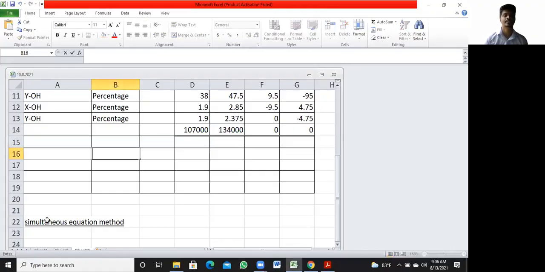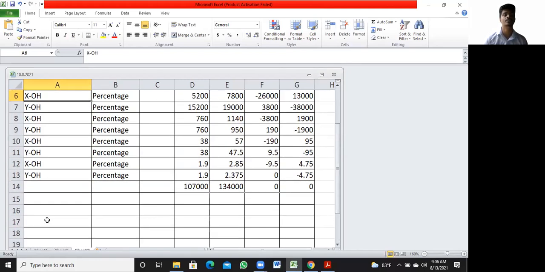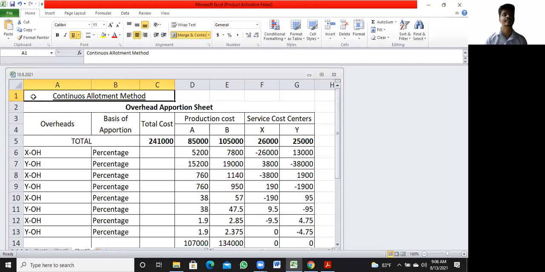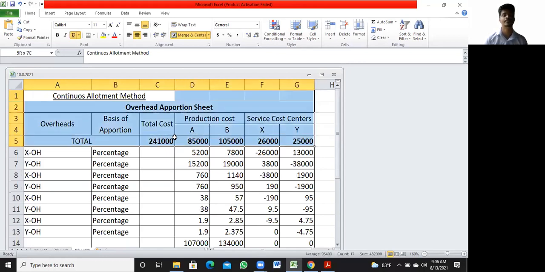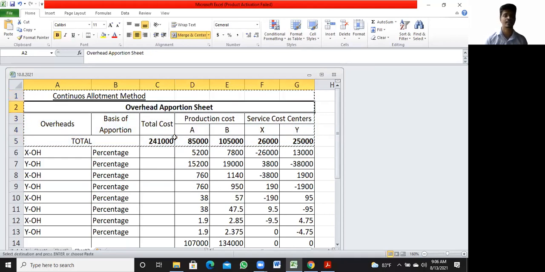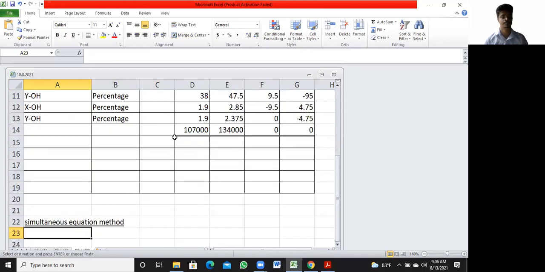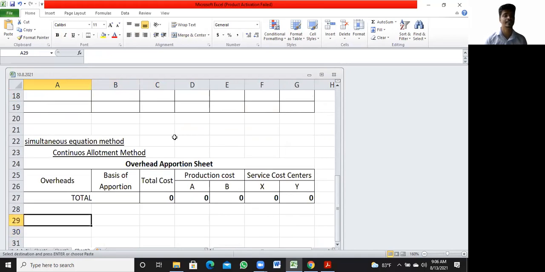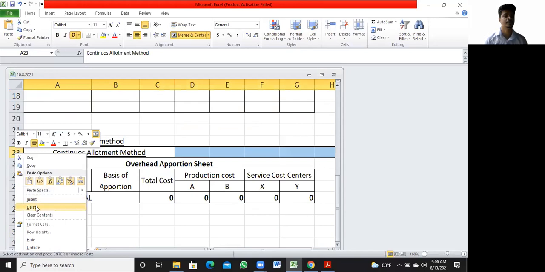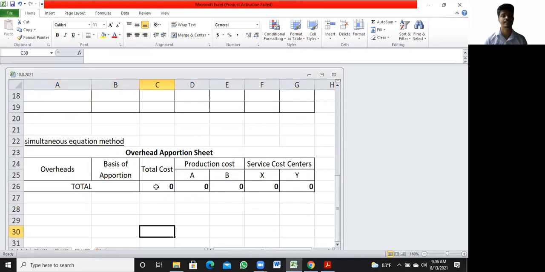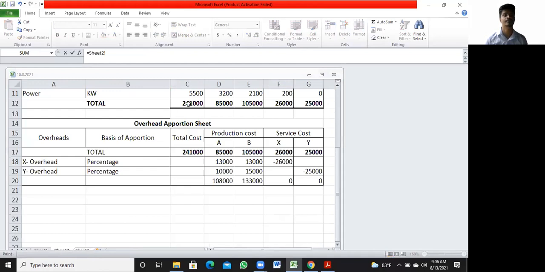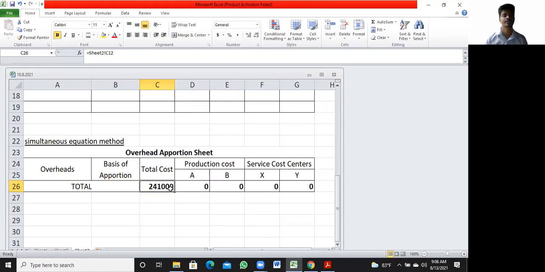Okay, now let's see how do we reallocate the cost as we did in here according to the simultaneous equation method. Okay, so same sum we are going to do. So let's arrange a table like this and total cost which we can get from here.